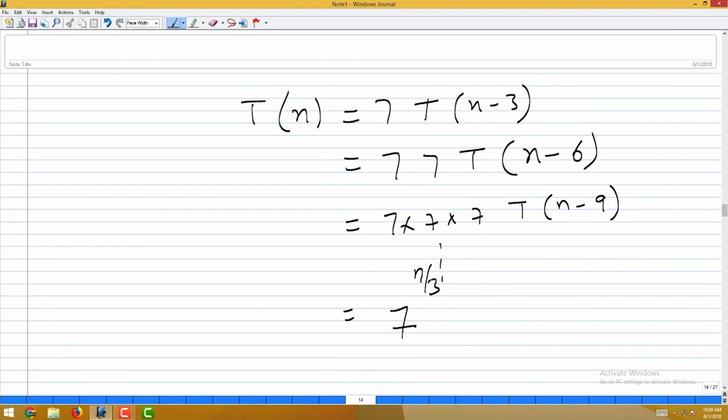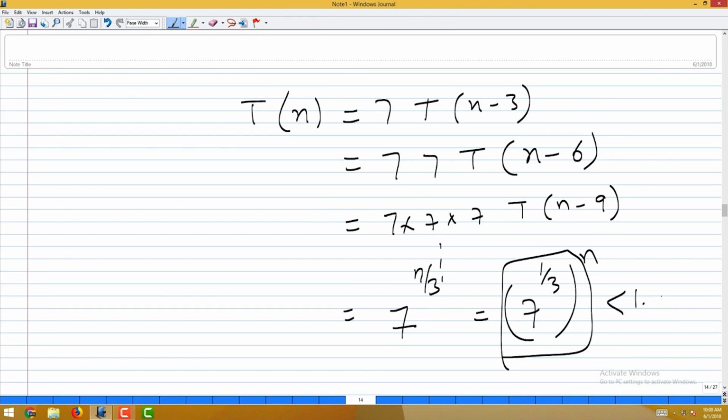So, 8 power n by 3 is 2 power n, and I managed to get 7 power n by 3. So, this is actually 7 power 1 by 3, whole power n. So, this is strictly less than 2, because 8 power 1 by 3 is 2. Now I have got an asymptotic improvement to this algorithm. It is no longer 2 power n, it is some 1 point something. Does anybody know what 7 power 1 by 3 is? My guess would be something.